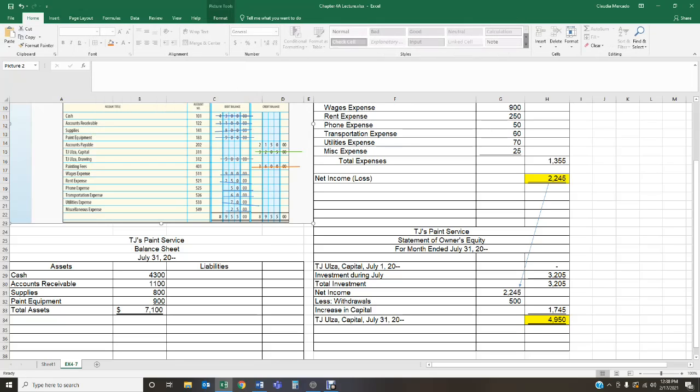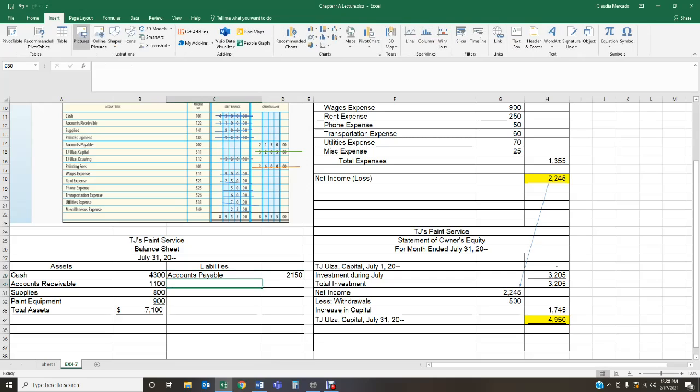So now, liabilities, anything you owe. Liabilities usually have the word payable at the end. We've got one liability account called accounts payable. And my accounts payable balance is $2,150. Let me mark that off.